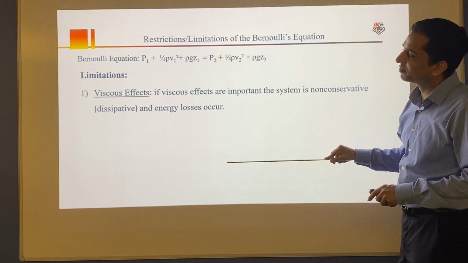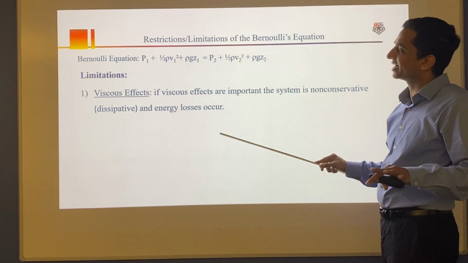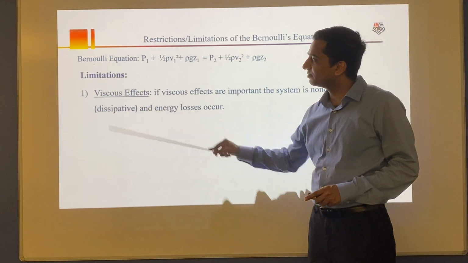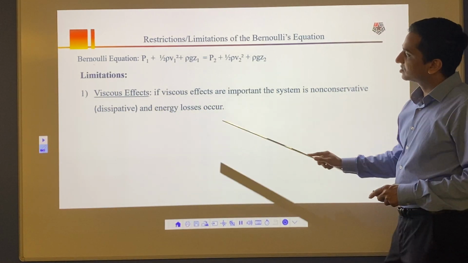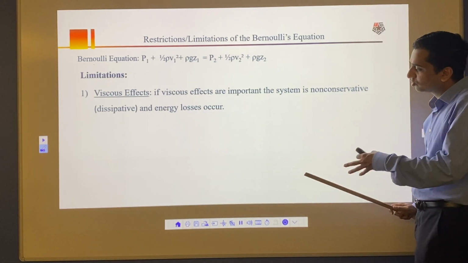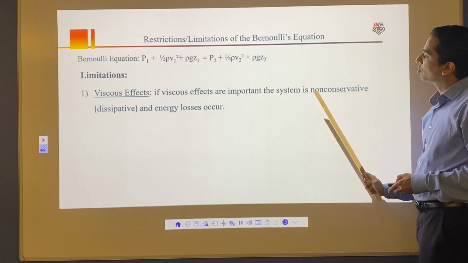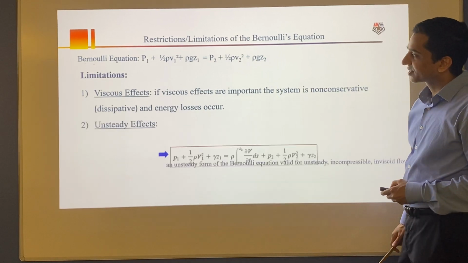You have to modify it, and we are going to modify that in chapter 8 later, but you don't have to worry about it right now. Viscous effects are important, so non-conservative or energy losses occur. It means that if the friction is more, you are going to lose energy due to friction, and that's your non-conservative loss.